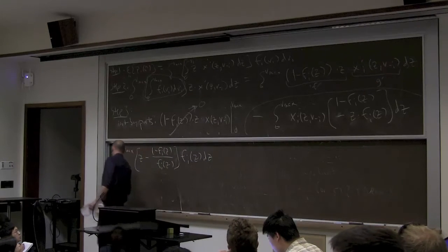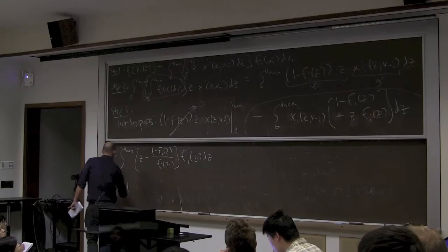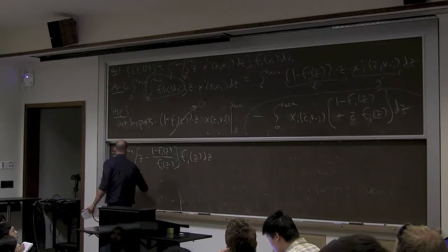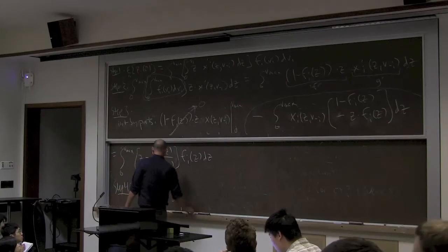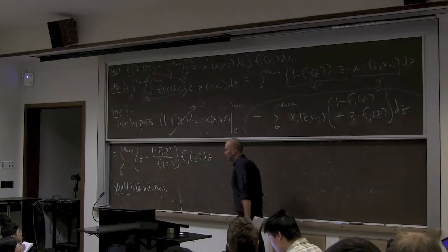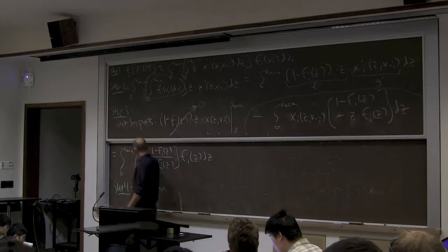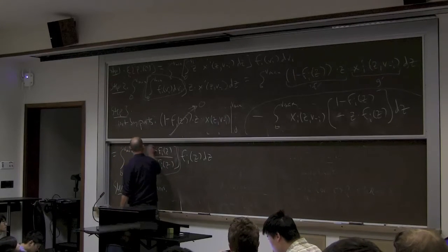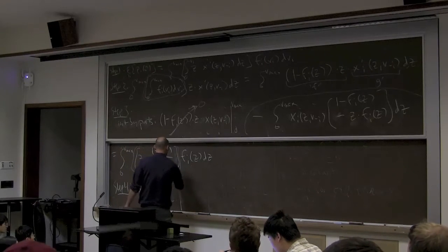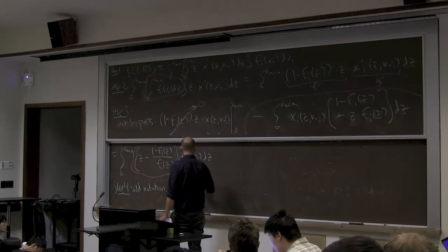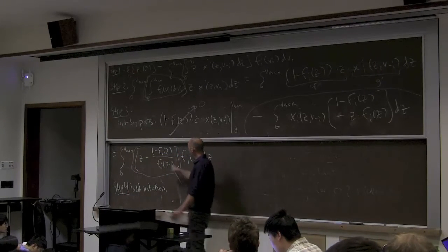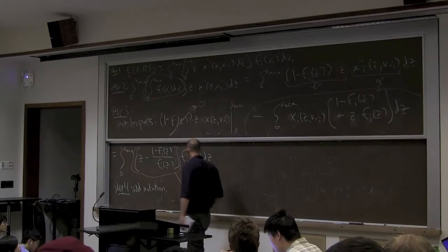So step 4, let's just add some notation to make it look even nicer. Specifically, this thing we're going to denote by phi sub i of z. It depends on i because we're looking at i's distribution here.